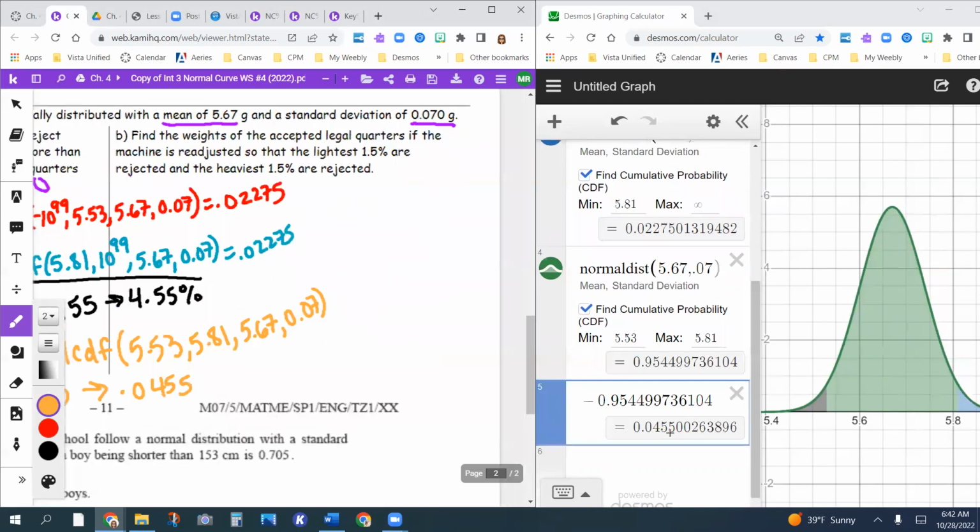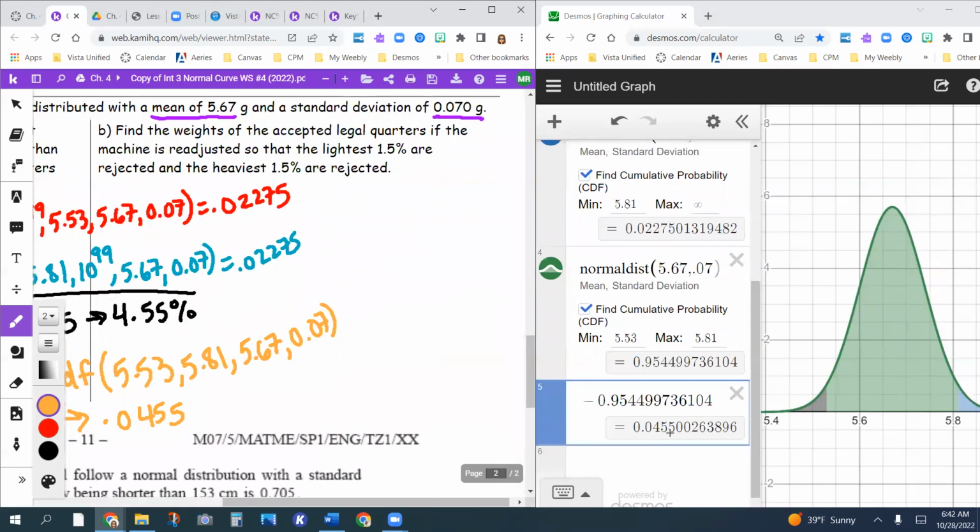On this next one, sorry, I used a lot of that space. Find the weights of the accepted legal quarters if the machine is readjusted so that the lightest 1.5% are rejected and the heaviest 1.5% are rejected. So we want the weights for those. Okay. So I have the same situation.